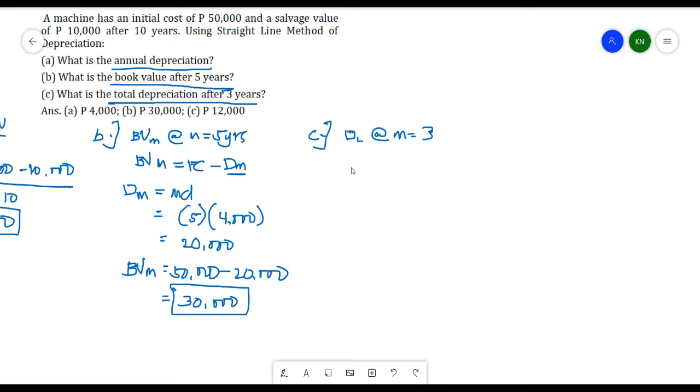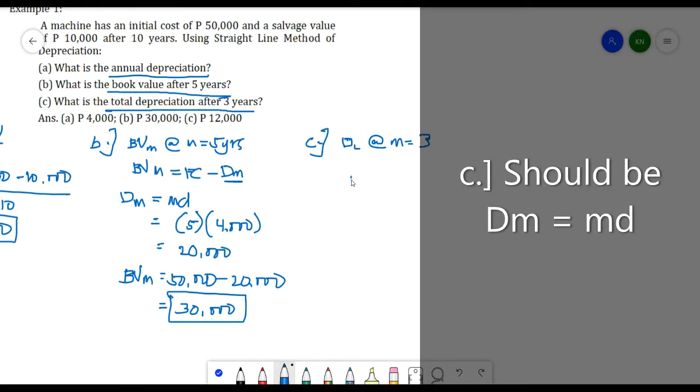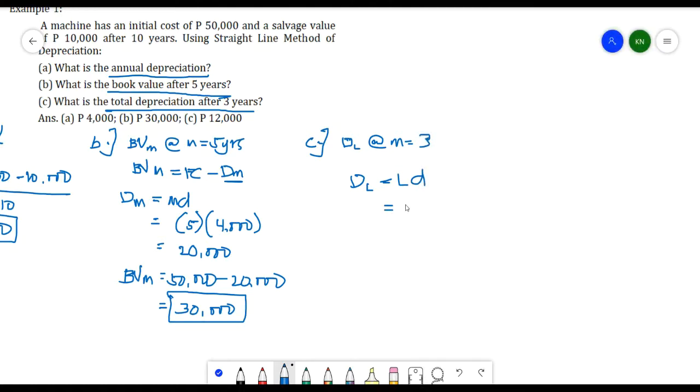The formula for DL is equivalent to L times D, and we already know our L, but it says here that it's 3 at 3 years, so 3 times D, which our D earlier is 4,000. That is just equivalent to 12,000. So basically, after 3 years, the total depreciation of 50,000 is 12,000 pesos. So this is now our DL.